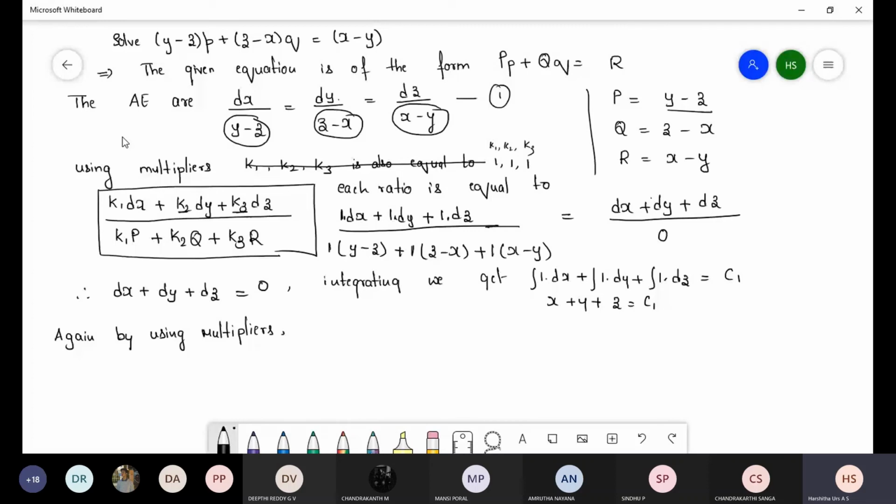Then what is the next possibility? If we take multipliers in the place of K1, K2, K3 to make the denominator 0, what are the possible multipliers? If we multiply with the denominator, then it will become 0.